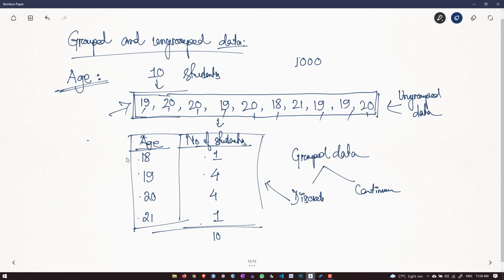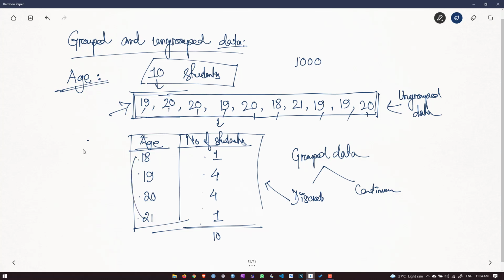Now, this situation involves students. So we know that for a particular class or section, the possible age group will be a very short range, right? In this case it is from 18 to 21.